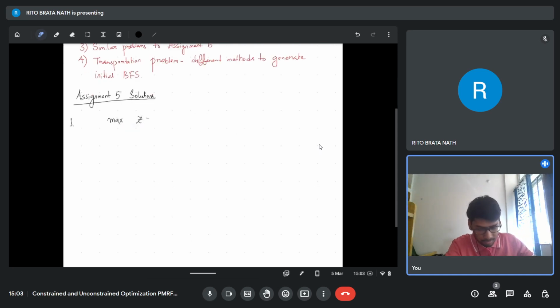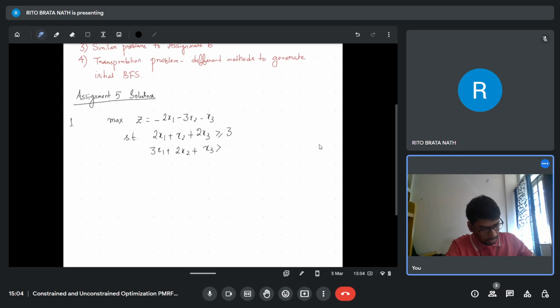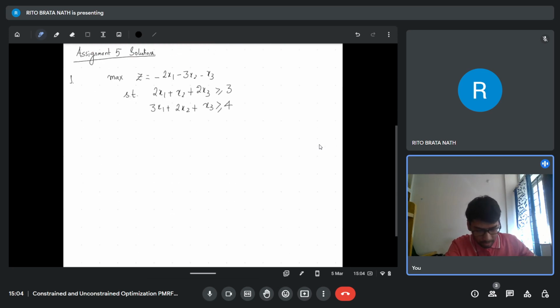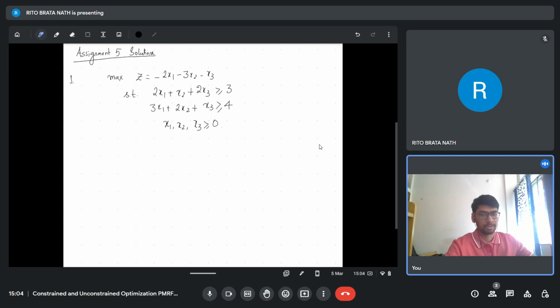So this is max of z equals minus 2x1 minus 3x2 minus x3, subject to 2x1 plus x2 plus 2x3 greater than or equal to 3, then 3x1 plus 2x2 plus x3 greater than or equal to 4, and the non-negativity constraints x1, x2, and x3 greater than or equal to 0.